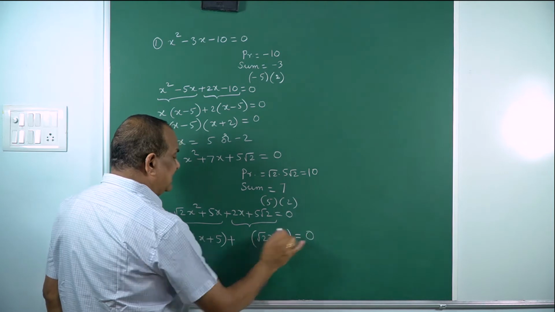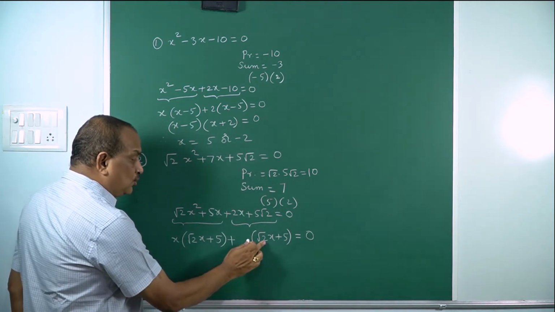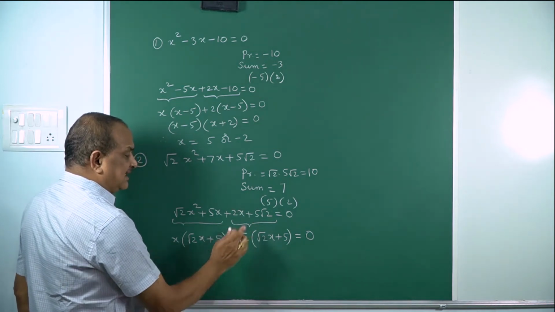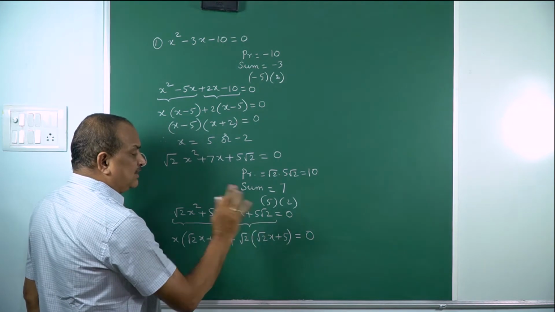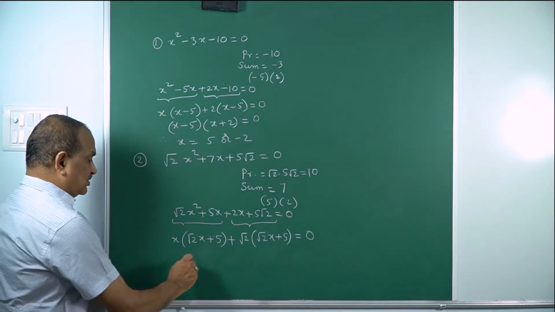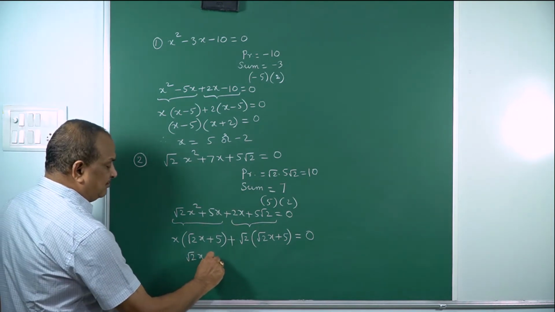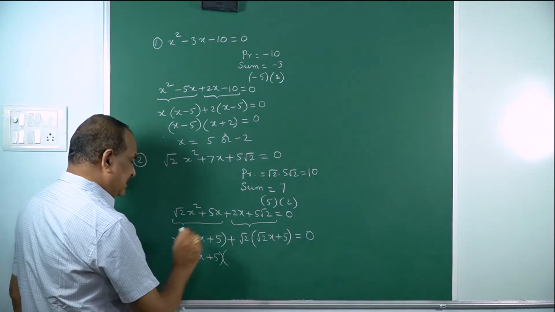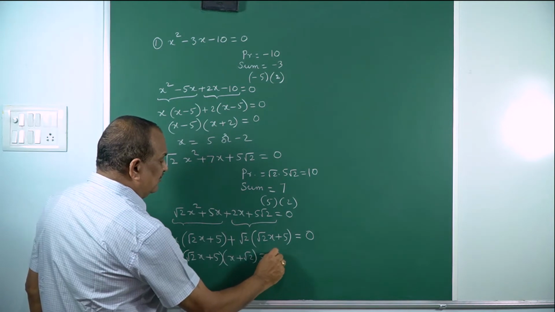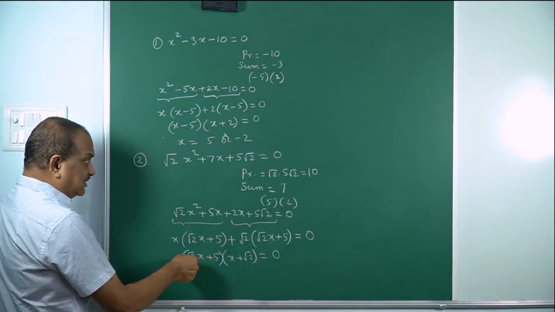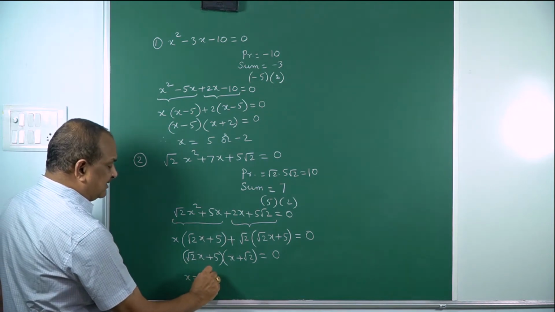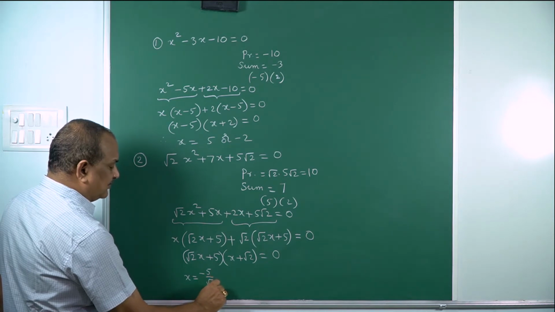Then what should I write here? 2x, since root 2 times root 2 is 2x. That's what you got here. Root 2 times 5 is 5 root 2 here. And now this is a common factor, root 2x plus 5. So root 2x plus 5 is taken out as a common factor. I am left with x and root 2 here: x plus root 2 equals 0. Factorization is done, of course. If this is 0, my x would be minus 5 by root 2.